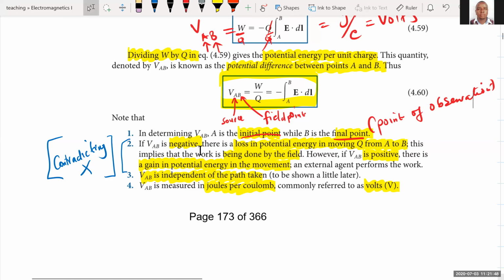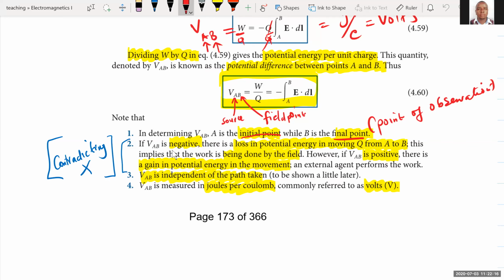So having said that, we now say that V_AB is negative. Here I noticed that the author has some contradiction, which has the potential of confusing you. We're saying that V_AB is negative, there is a loss in potential energy in moving Q from A to point B, and this implies that the work is being done by the field.